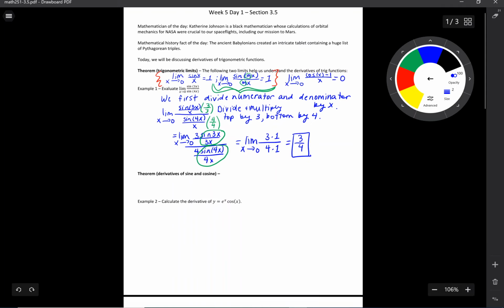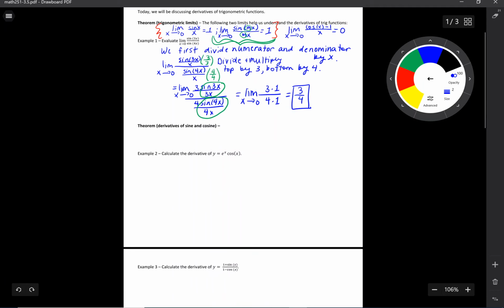All right, next we are going to learn the derivatives of sine of x and cosine of x. Now, if you were to plug in sine of x and cosine of x into our definition of the derivative, as x goes to a or as h goes to 0, you would in fact get these derivatives.